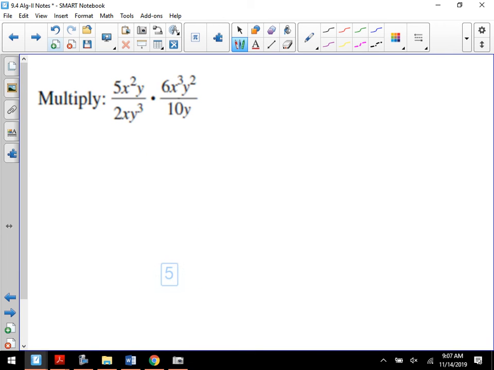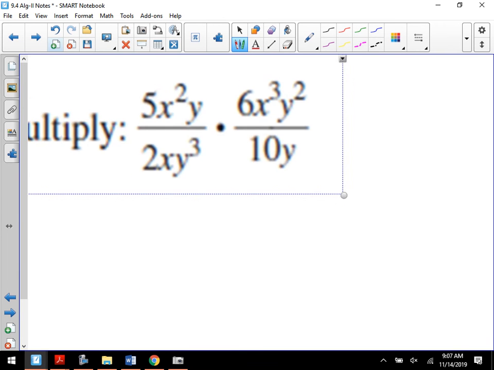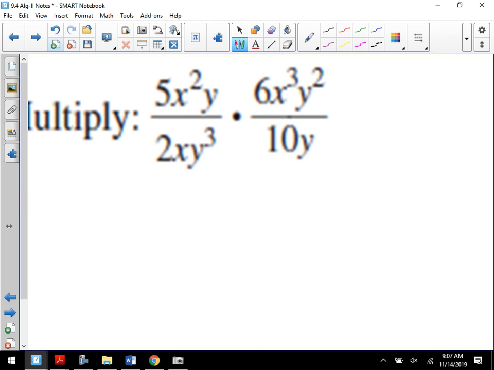What happens if you have what are called monomials? When I have monomials, what I always want to do is write my numbers down first, then put my variables that are the same next to each other, and put them all in order.